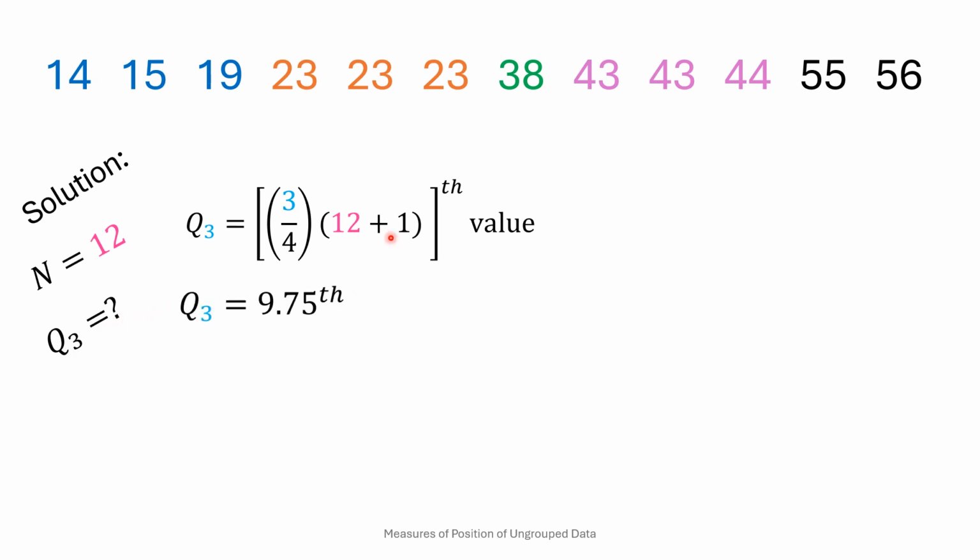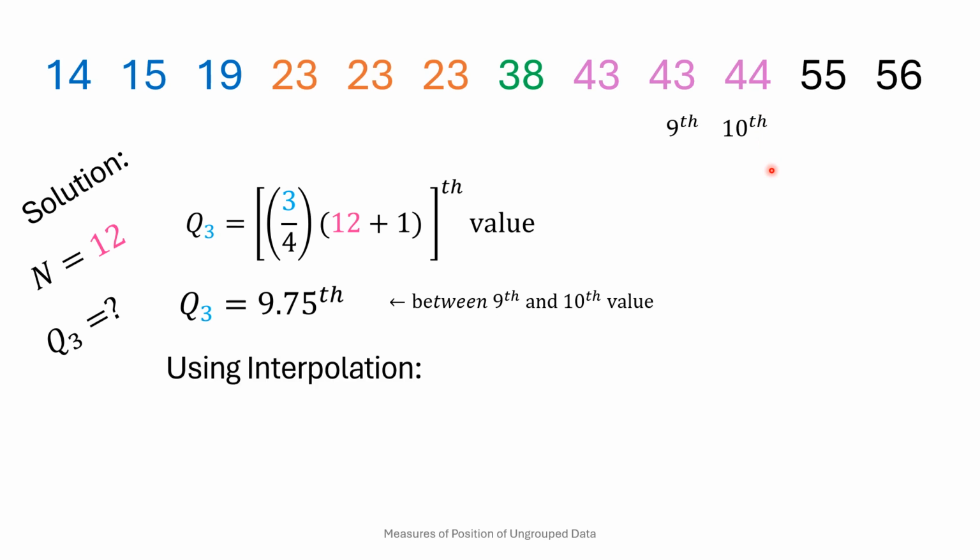Therefore, the position of the third quartile is at 9.75. This is between the 9th and the 10th value. Counting from the lowest value until you reach the 9th and 10th value, in this data set, the 9th is 43 and the 10th value is 44.